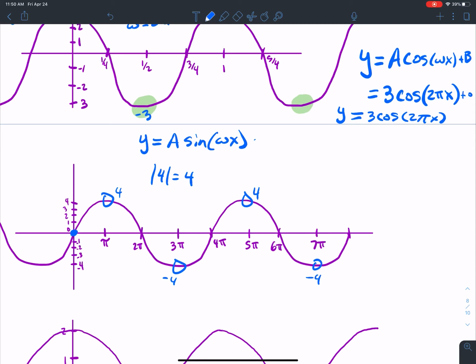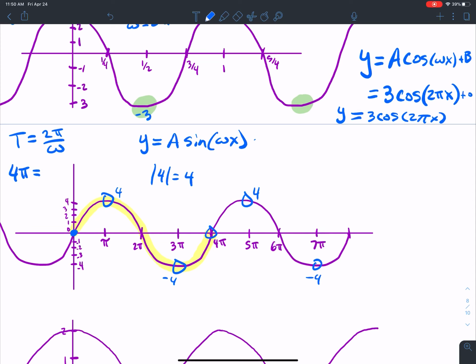What about the period? How long does it take for us to cycle through to get back to where we started? Right there. How long is the period for this one? It is 4 pi. So if I have T equals 2 pi over omega, my period length T is 4 pi.